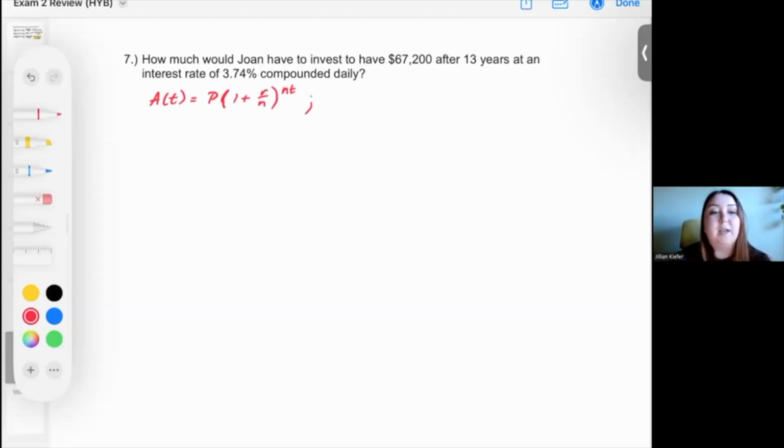Then we want to know all the amounts. We said that we want to have $67,200 after 13 years, so the amount after t years, A of t, should be $67,200. Then we have our time. We know that time will be 13 years, so t is 13.